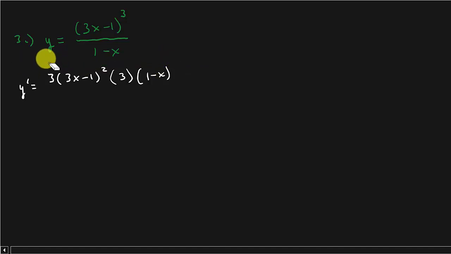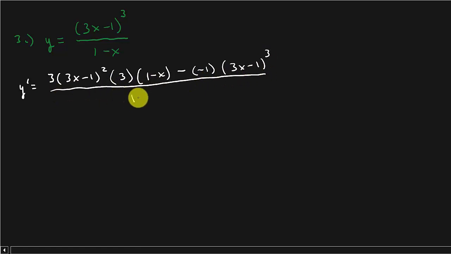And then it's minus the derivative of the denominator. What's the derivative of the denominator? Negative 1. The derivative of 1 minus x is negative 1, times the numerator. And then this is all over the denominator squared.